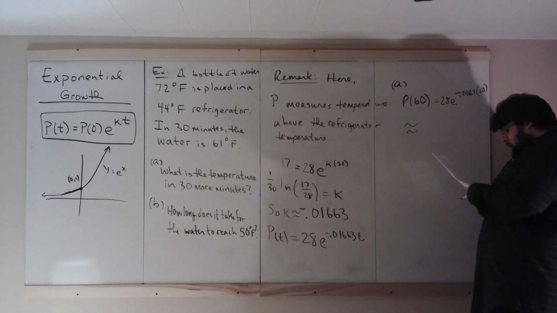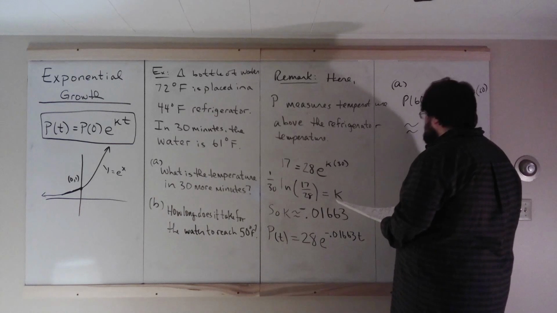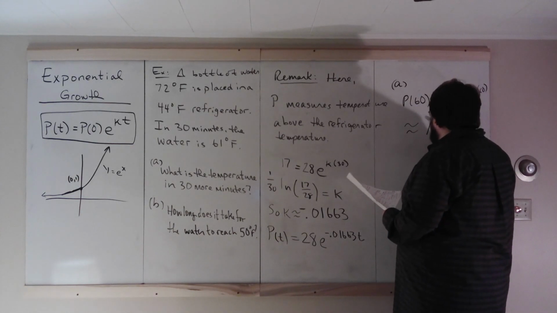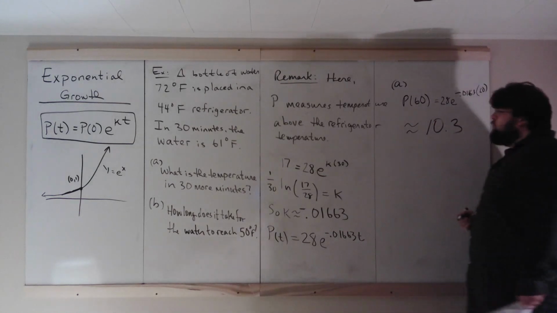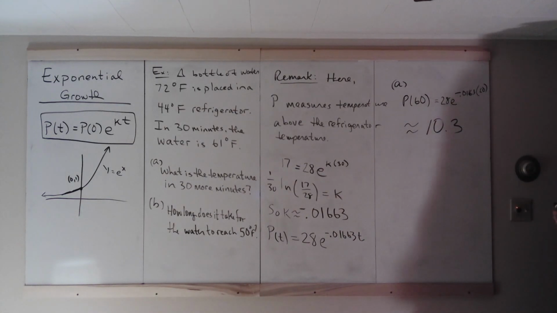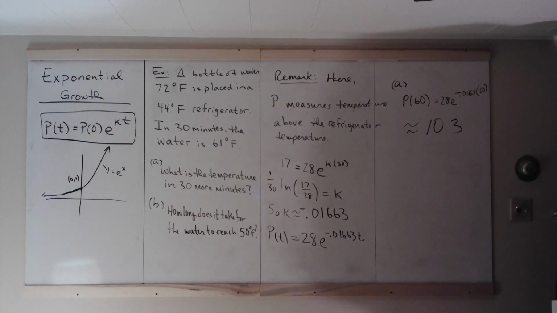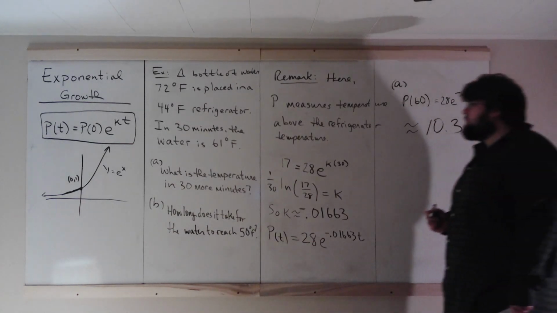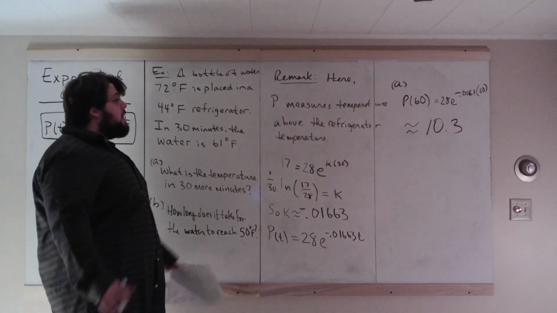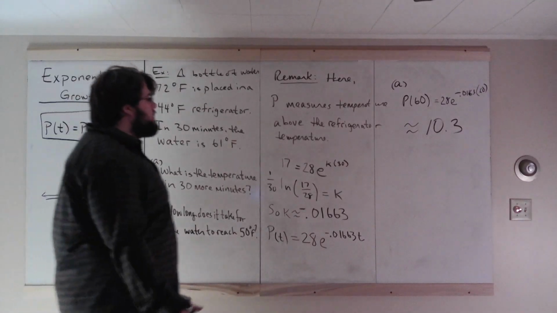And what does that equal? Let's look at our answer and interpret it. 10.3. So we're in a 44 degree fridge, and in an hour it goes to 10 degrees Fahrenheit? That doesn't make sense. But remember, P measures the temperature above the fridge temperature.